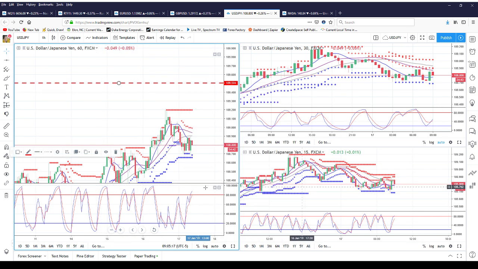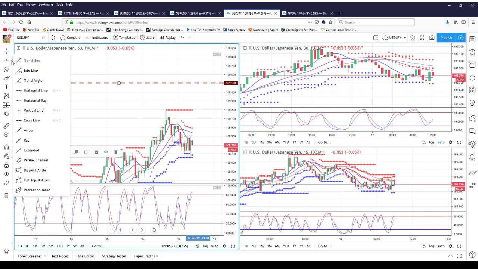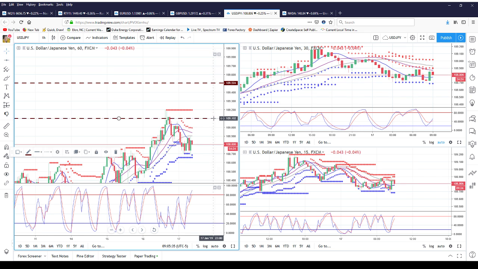If you're going into, and let me make that dark red because that would be the touch bracket. If you were going into the actual underlying, you would have to be at least at 109.10. Okay.